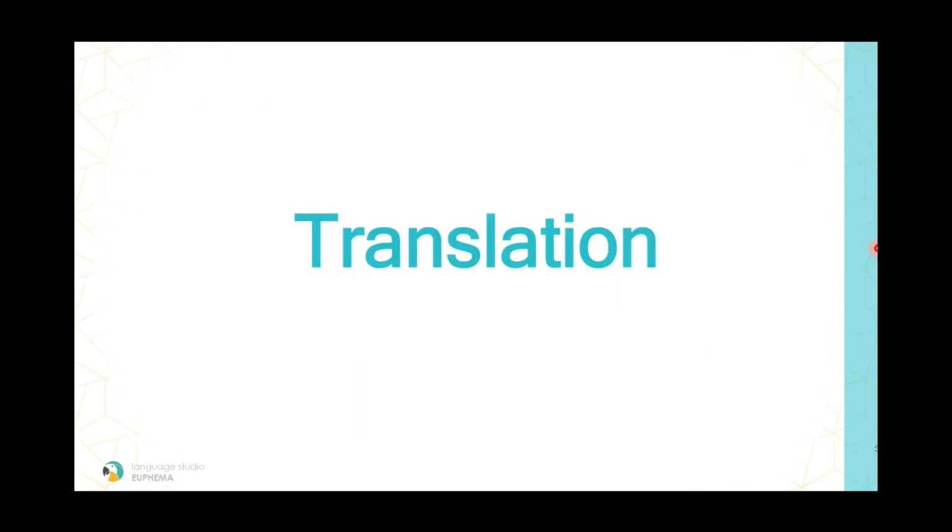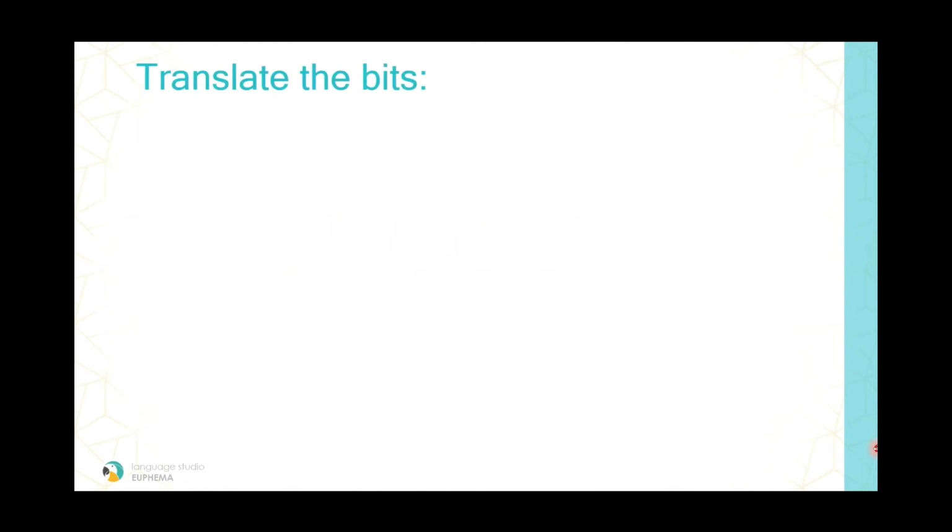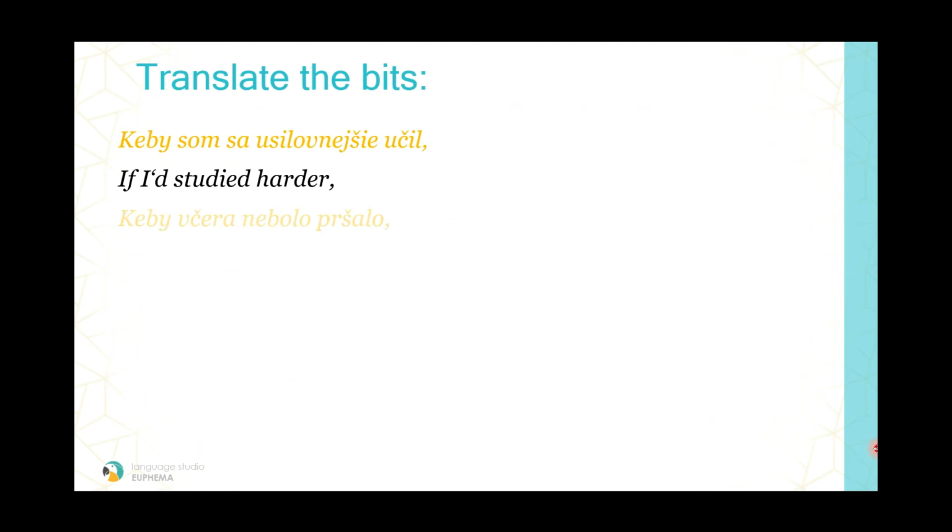The translation part is made for the Slovak learners of English who are going to translate some third conditional sentences from Slovak into English. So, translate the bits. Keby som sa usilovnejšie učil, translate please. If I'd studied harder. Please try to use contractions so that you can sound more natural, okay? So, if I had studied harder, contraction, if I'd studied harder.